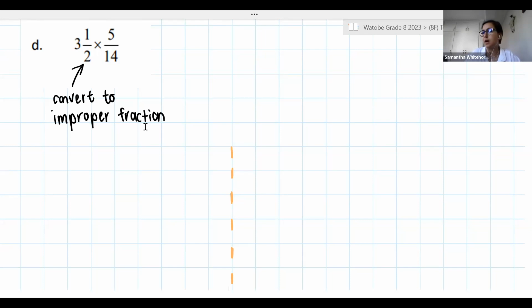Remember, try and do this without a calculator. We want to be able to do these sorts of questions without calculators and showing all of our working out.